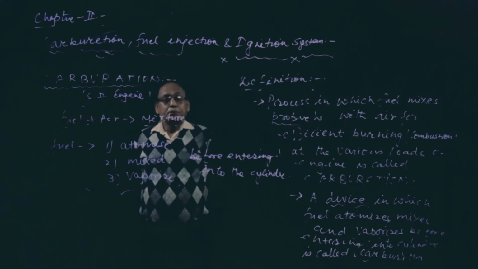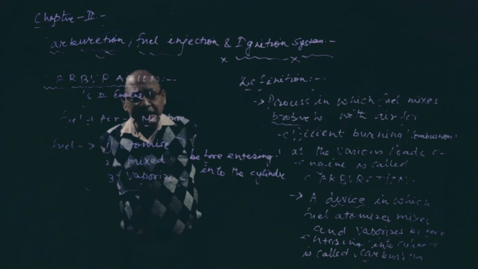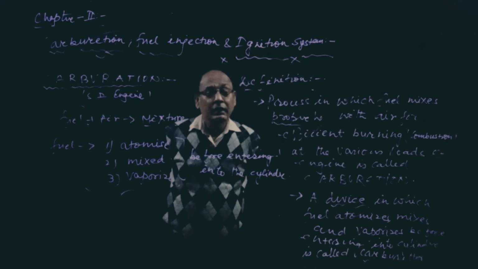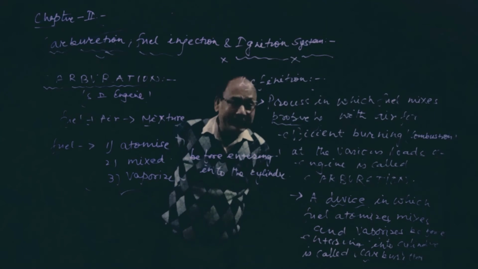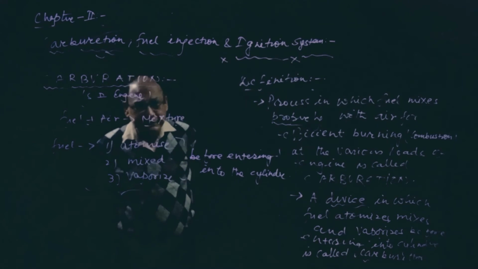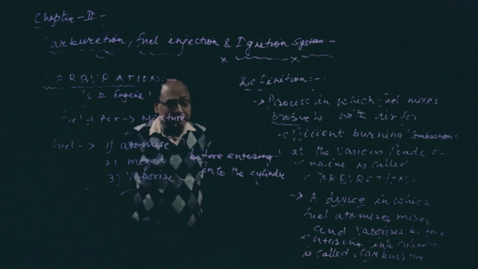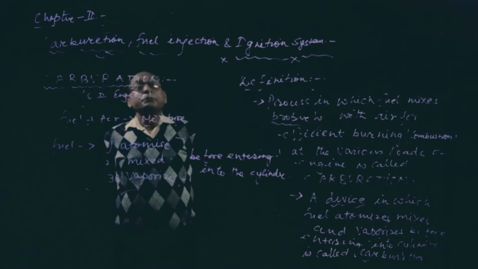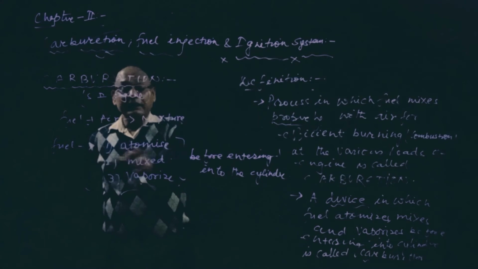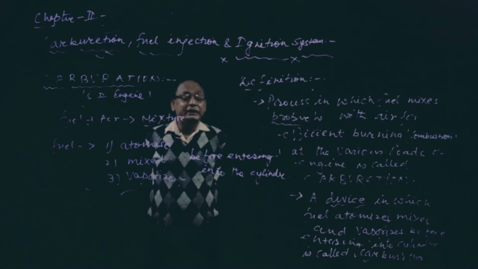Before fuel enters the cylinder, it mixes with the air. The place where it mixes is called the carburetor, and the process is called carburation. Correct amount of fuel should mix with correct amount of air. Fuel and air is known as mixture. So fuel should atomize, then mix and vaporize before entry into the cylinder.